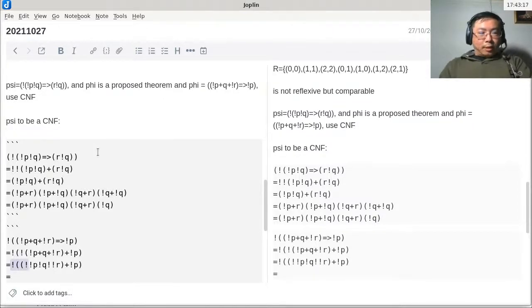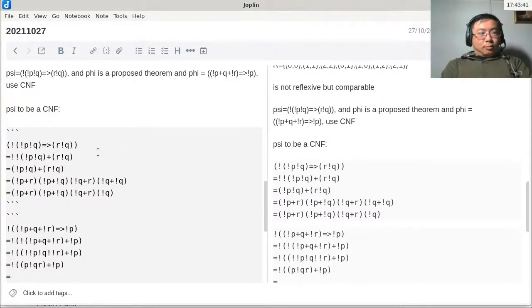We simplify. Before we do anything else, we're going to simplify. So the double negation goes away, double negation goes away, and now we can just apply De Morgan's law one time, and then we are all done.